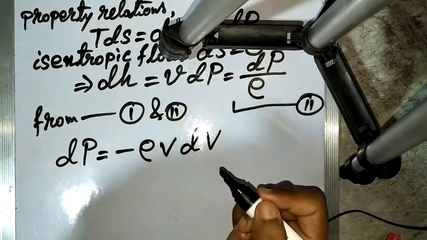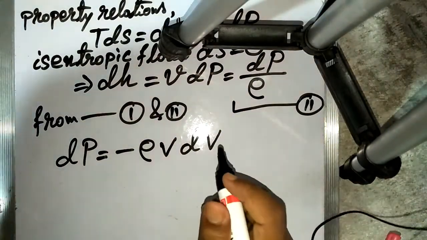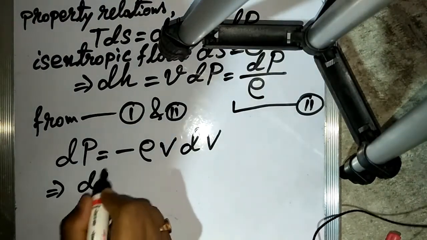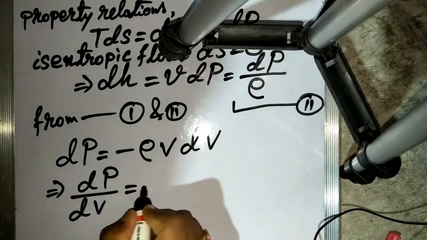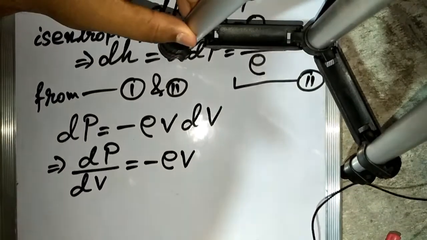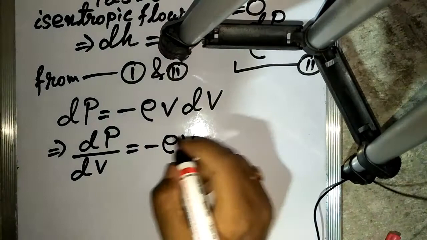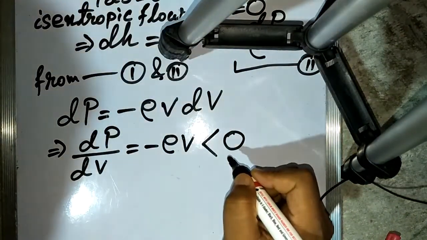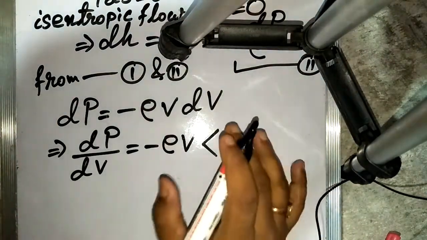So we can write dP by dV is equals to minus rho into V. So what does that mean?